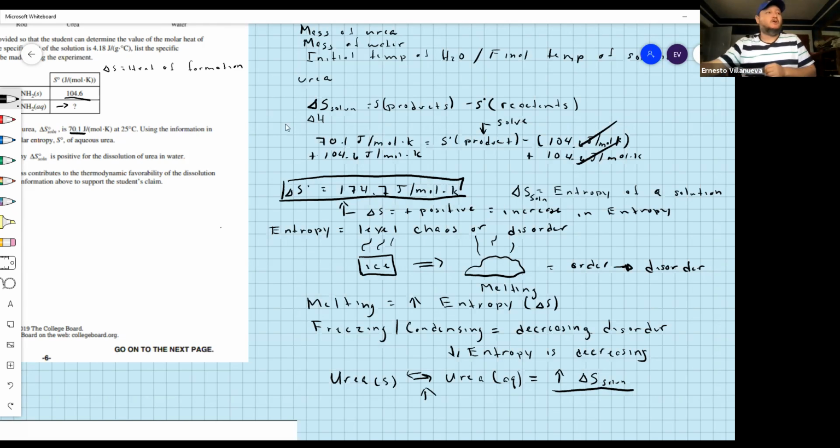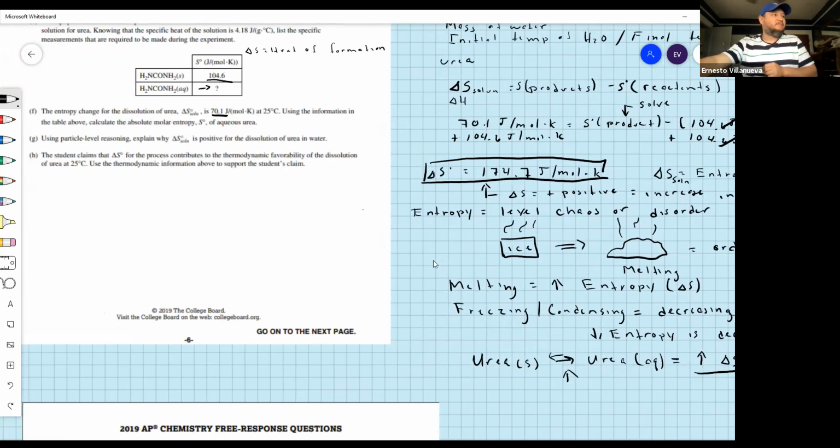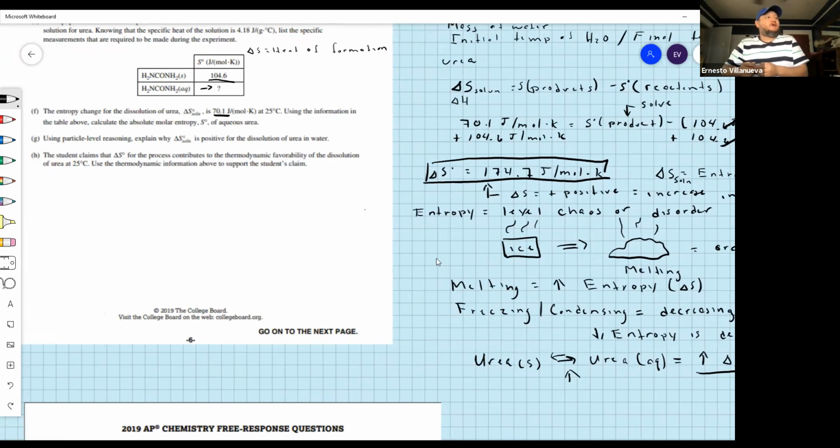So with that newfound knowledge of entropy, let's take a look at what question G is asking. It says, using particle level reasoning, explain why delta S, or the entropy of the solution, is positive for the dissolution of urea in water. And that's exactly what we just explained. Because you're going from a solid to a liquid, you're increasing the amount of disorder in a system, okay?